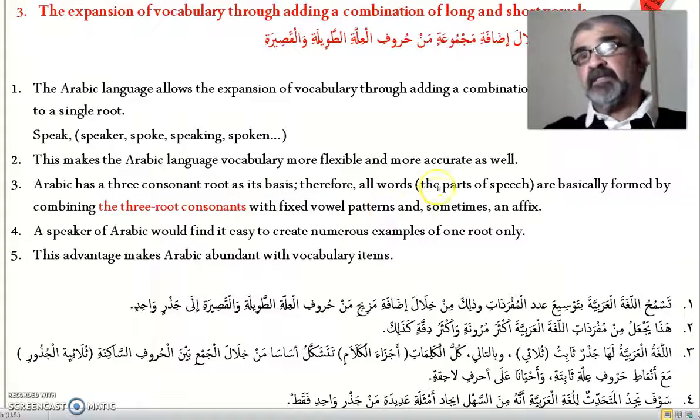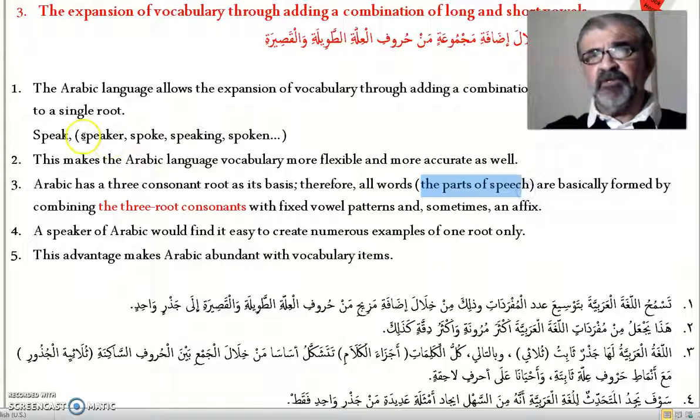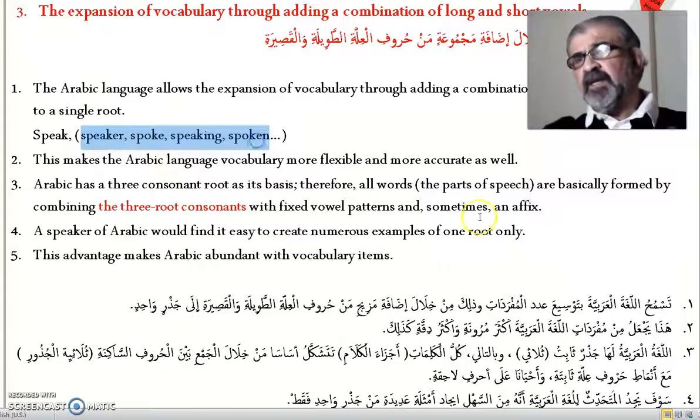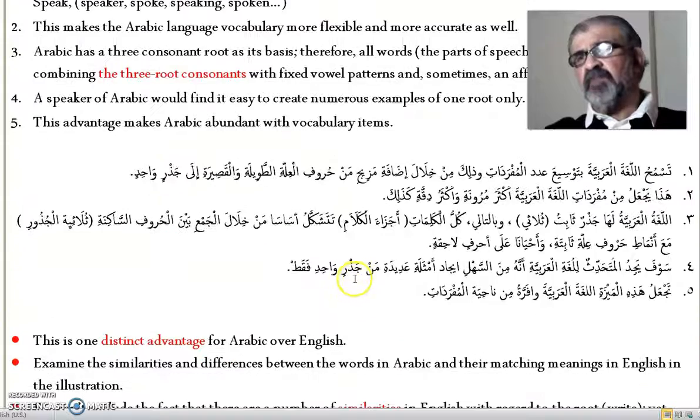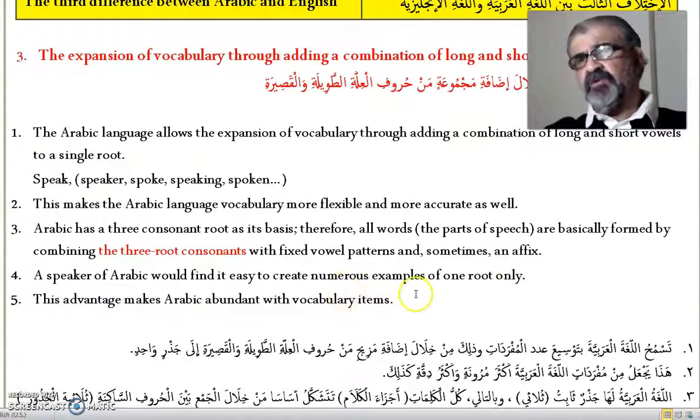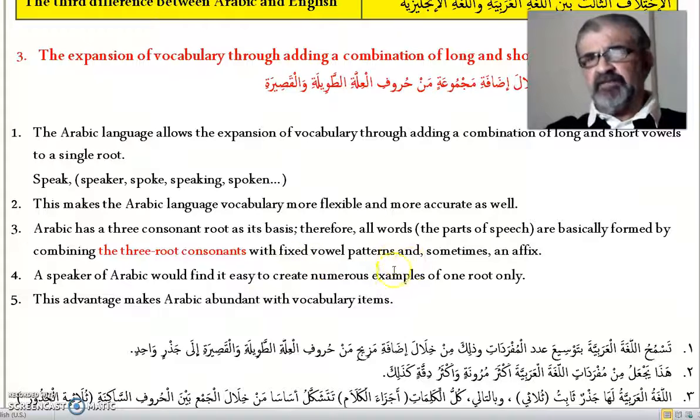Therefore, all words, the parts of speech that I'm going to come up with, like I did over here with English, are basically formed by combining the three root consonants ka, ta, ba, in this case actually kataba, with fixed vowel patterns and sometimes an affix.